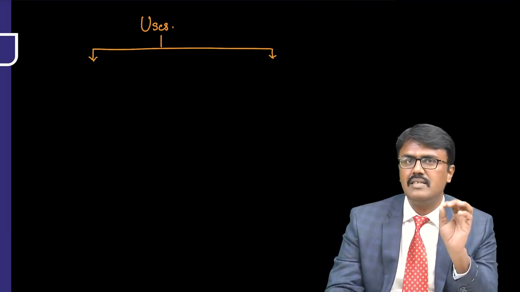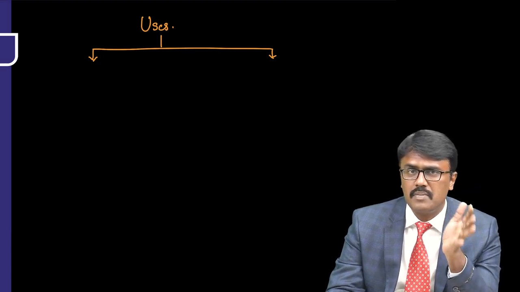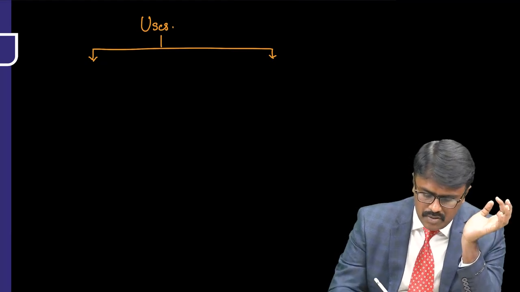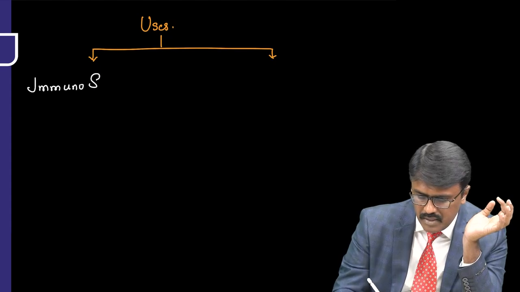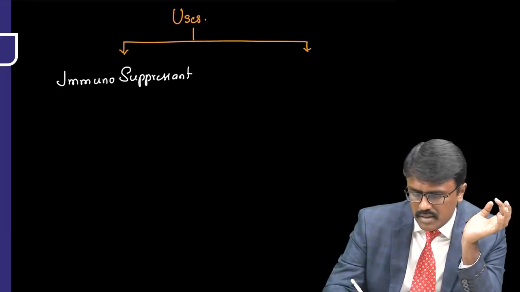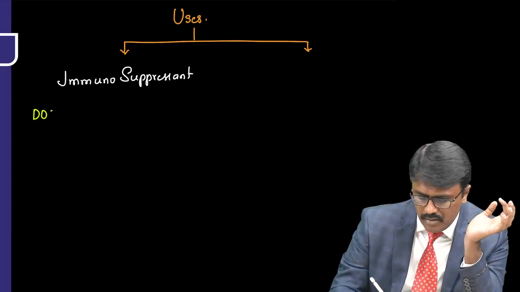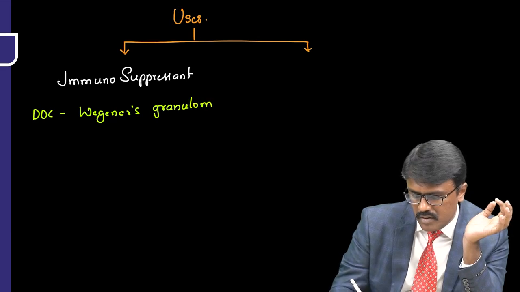Number one, since it's an anti-cancer drug, it can cause bone marrow suppression. That means it can suppress immunity. So it can be used as an immunosuppressant drug. Where do you use it as an immunosuppressant? It is considered the drug of choice for Wegener's granulomatosis. There it suppresses the immunity.